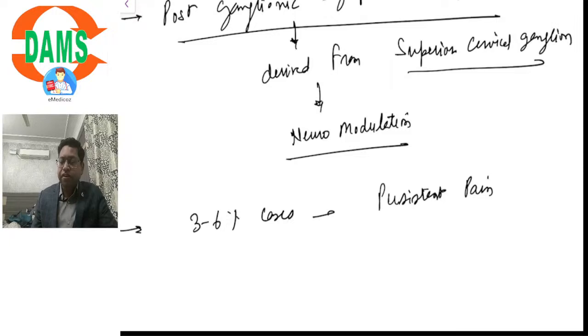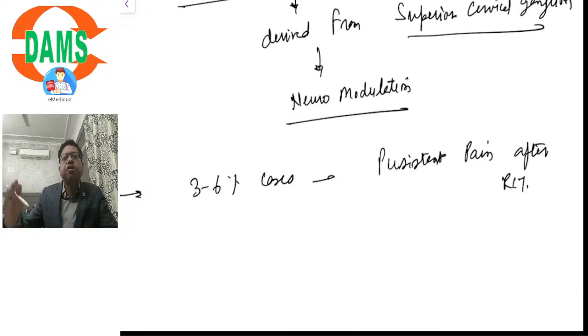Persistent pain after RCT. Persistent pain means the pain continues for more than 6 months after doing root canal therapy. It has an incidence of 3 to 6% cases, and this persistent pain, which is present in a well-treated tooth with non-surgical root canal treatment, is called phantom tooth pain.